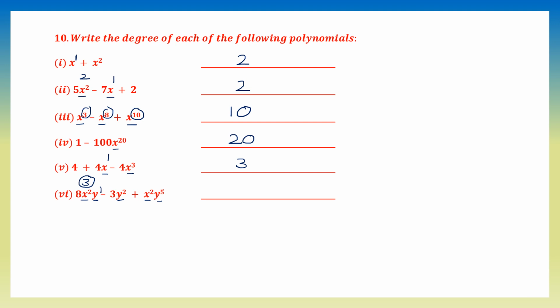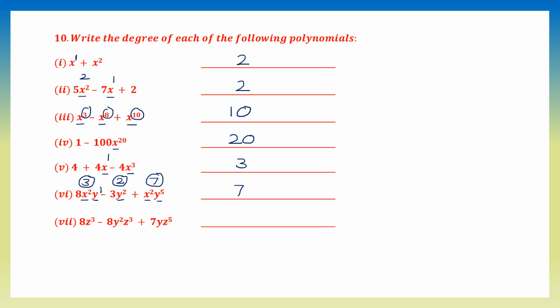Here in the second term, the power is 2. In the third term, let me add up the powers. 2 plus 5 is 7. So we have to add up the powers when there are more than one variable there. So here the first one is 3, then 2, then 7. Which is the highest power? 7. So 7 is the degree of such a polynomial which has more than one variable.